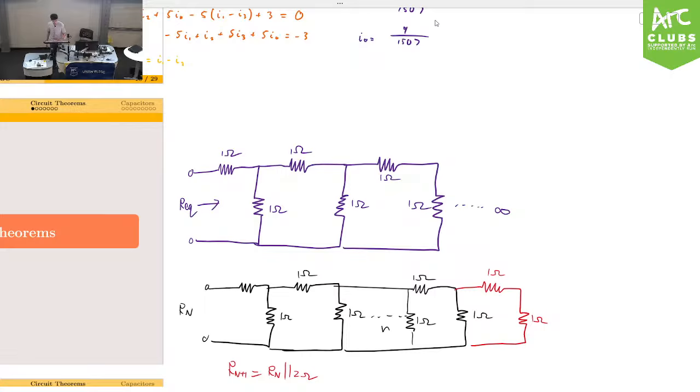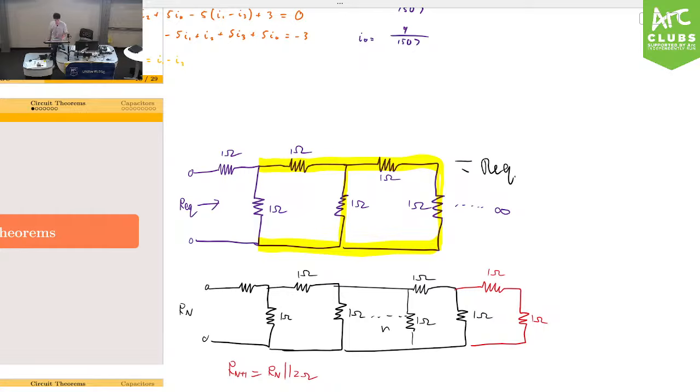Looking at this whole resistor ladder, if you ignore the first two resistors, because this thing goes on to infinity, what I've highlighted in yellow is also REQ.